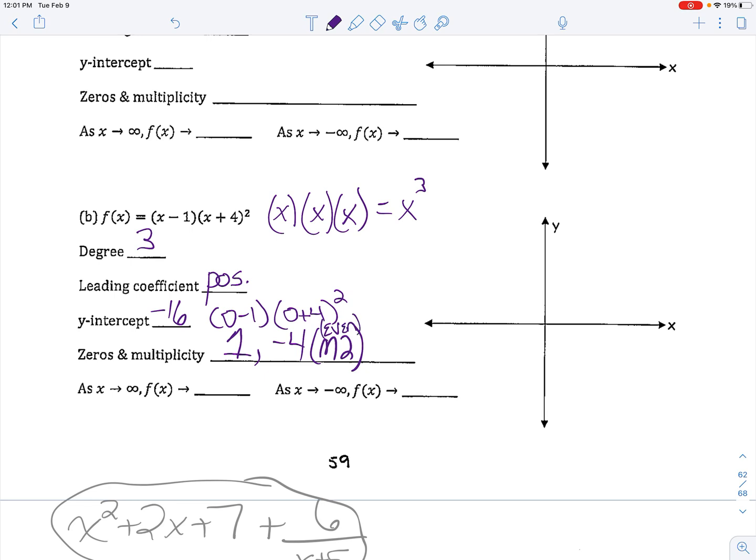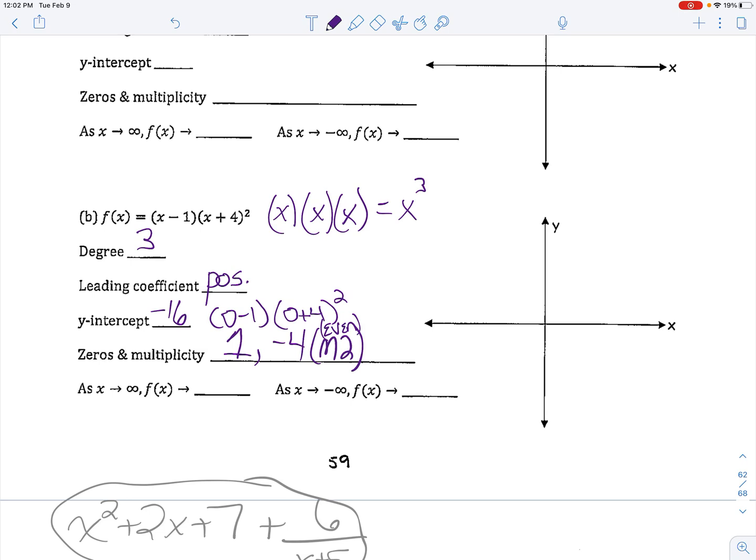You set x plus 4 equal to 0, you're going to get negative 4 as a root, but that is getting repeated twice. That has a multiplicity of 2. That is even multiplicity. Remember, you can use the exponent of what the factor is raised to determine if it's even or odd multiplicity.